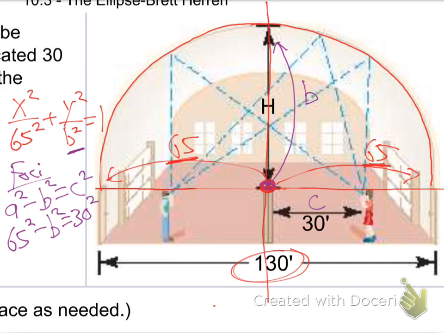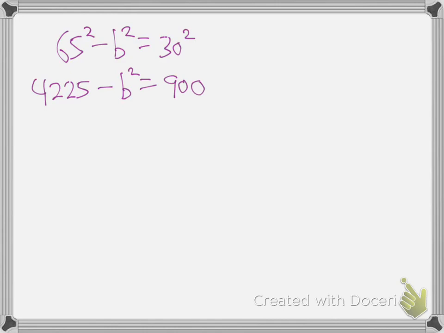Let's do that. Go to a fresh screen. So 65 squared minus b squared is 30 squared. What is 65 squared? Some big number. 4225. Is that right? Yeah. Minus b squared is 900. Subtract 4225 from both those.